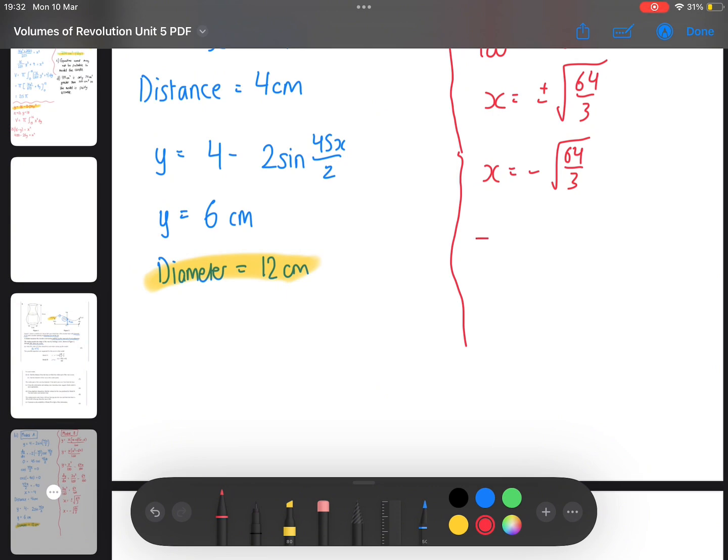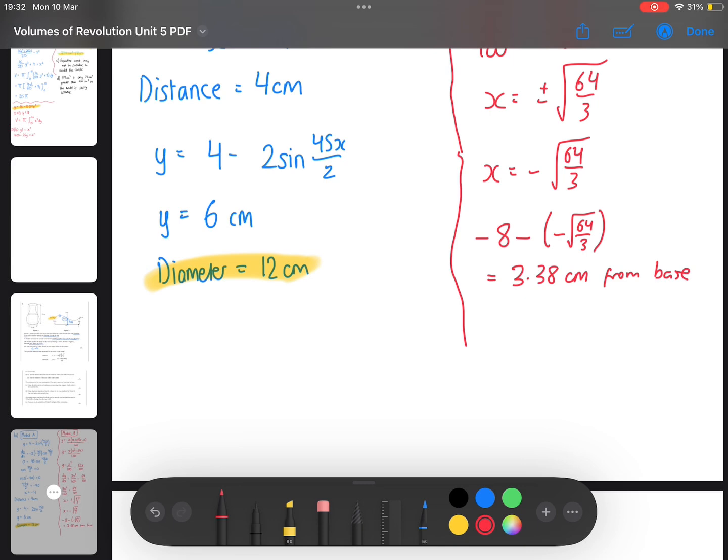So we have minus 8 minus the square root of 64 over 3, which gives an answer of 3.38 centimeters from base.